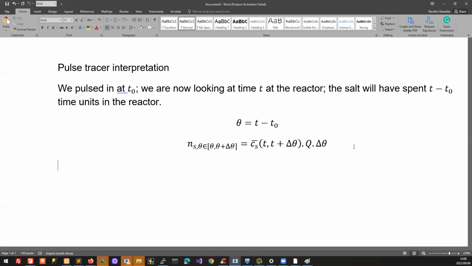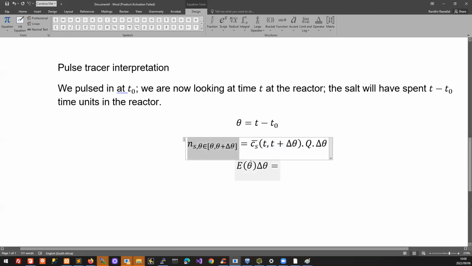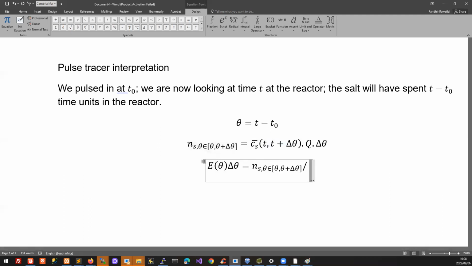Then we can say the fraction of fluid at that exit, and we know that the fraction is actually E of beta times delta beta. That's the fraction that's appearing at that exit. That's going to equal this number of moles divided by the sum over all possible contributions.